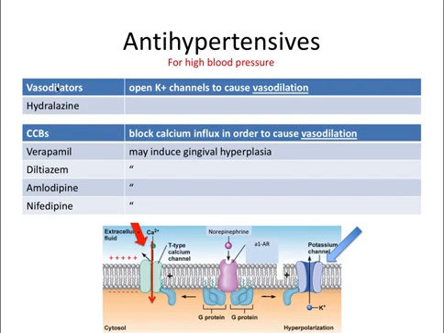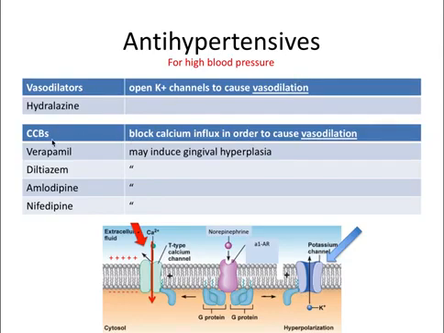So these drugs essentially control ion flow to hyperpolarize the vascular smooth muscle cells and induce relaxation. So vasodilators like hydralazine open potassium channels, which is shown in the blue arrow here, to allow potassium to exit the cells, and this causes vasodilation.